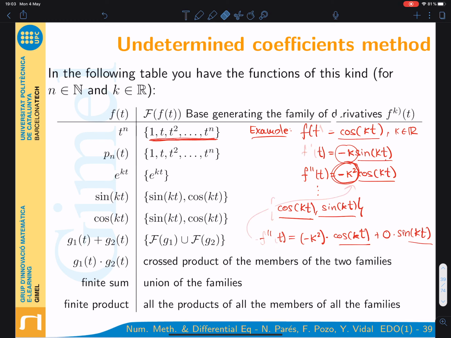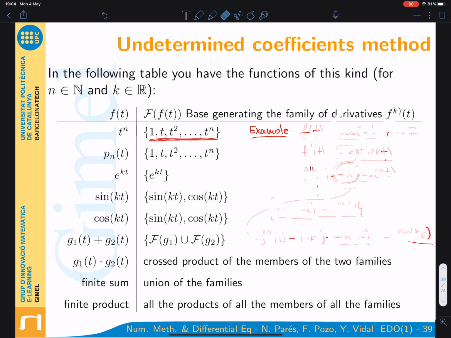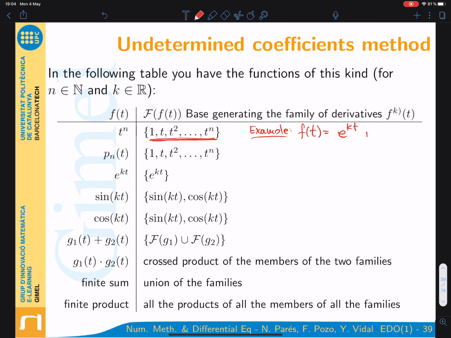Let me show you an example where we have the sum of two of these functions. Let's say I have as f of t the exponential plus a polynomial.